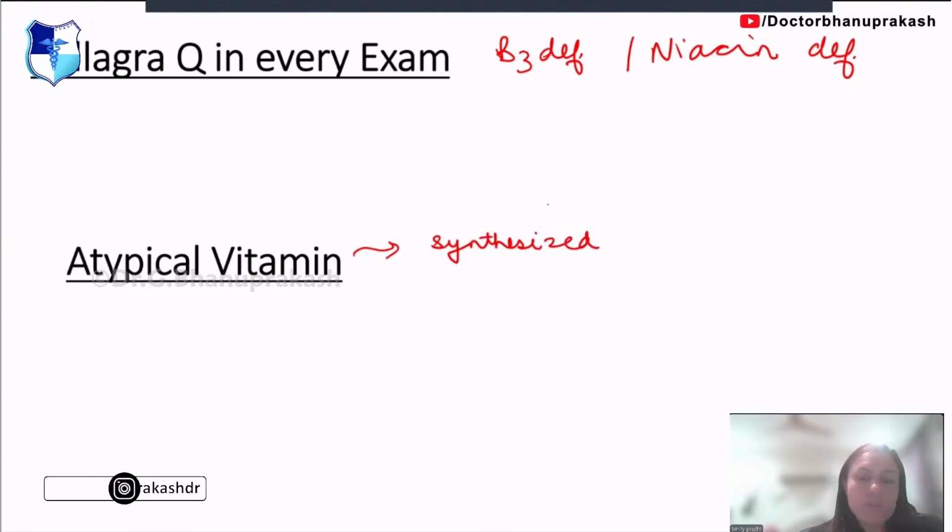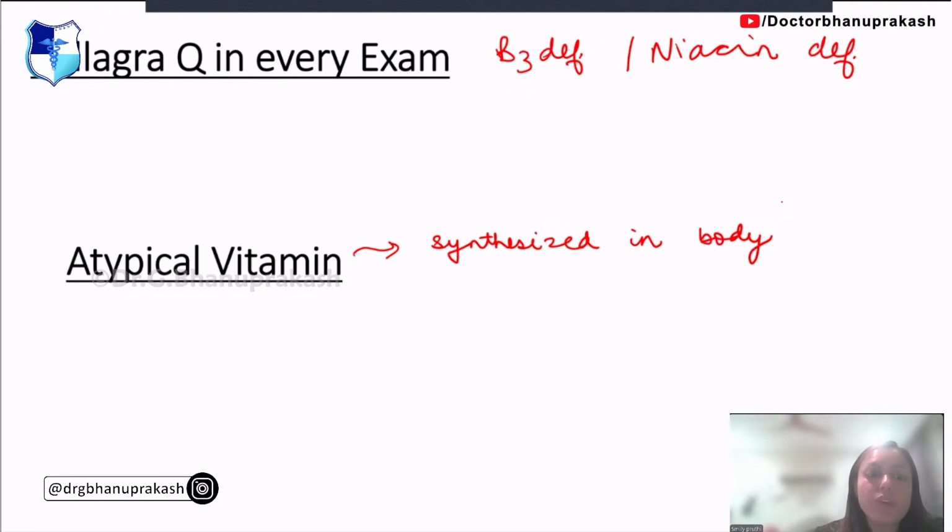I hope my speed is okay. So, it can be synthesized in the body. I'm not talking of the vitamins which are synthesized by the intestinal bacterial flora. No, I am talking of human body being able to synthesize them. So they are atypical.